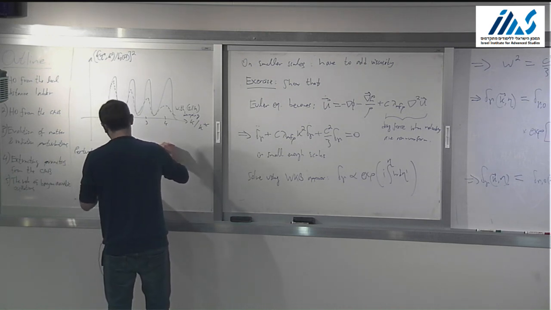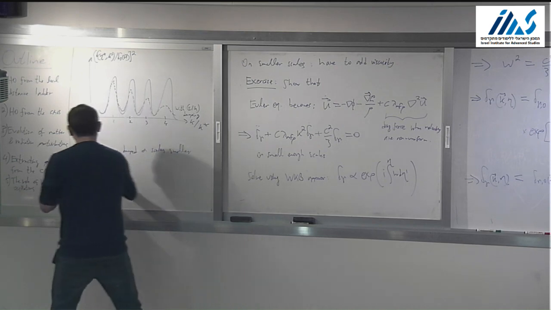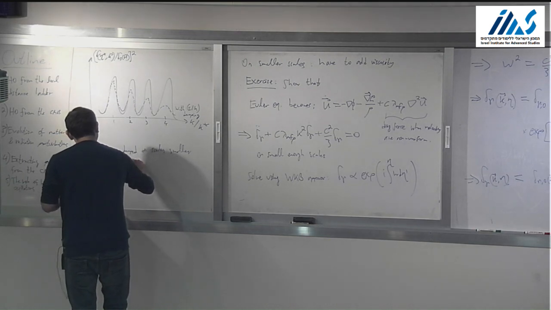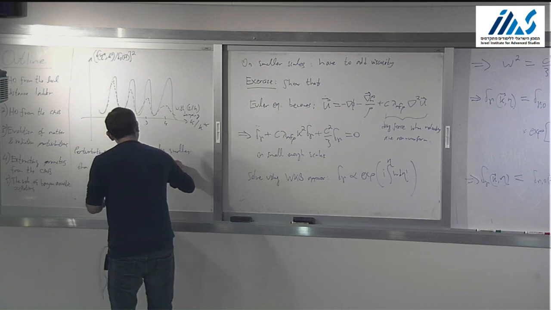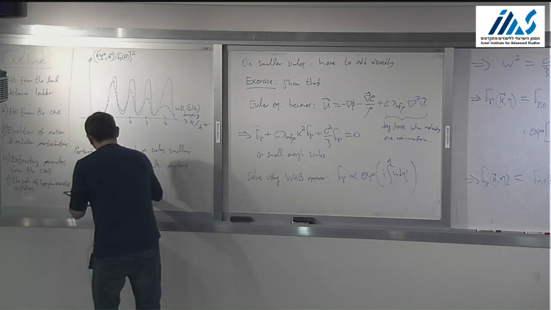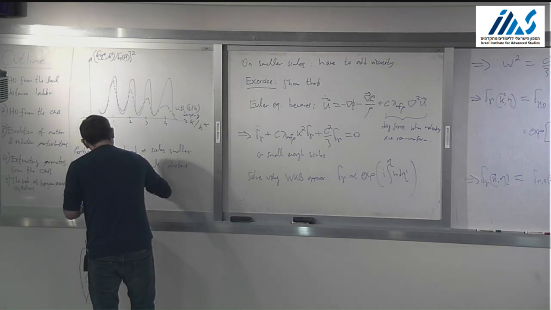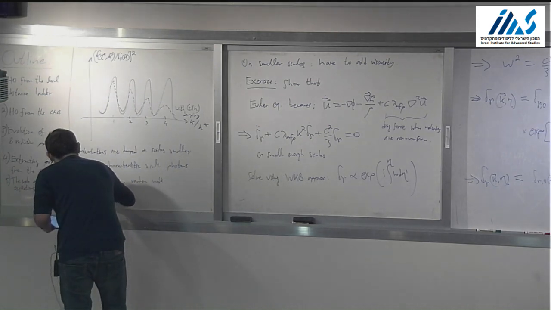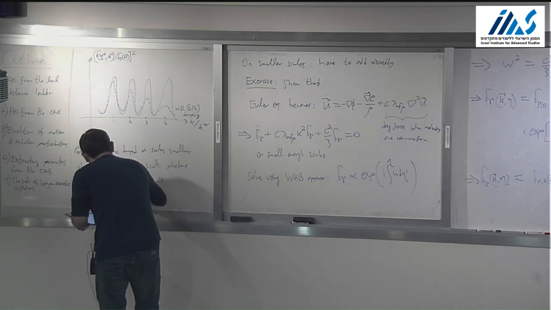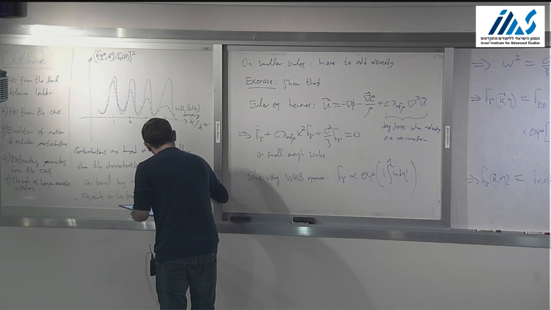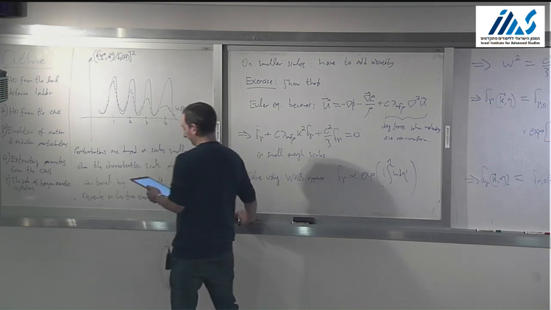On scales smaller than the characteristic scale, photons can travel by random walk. And this depends on the free electron density and on rho baryon over rho gamma.